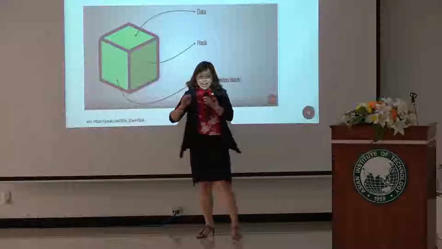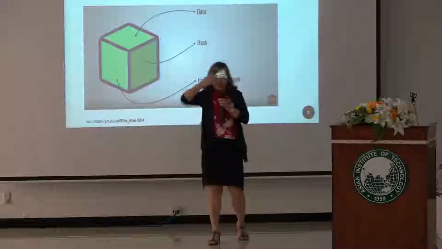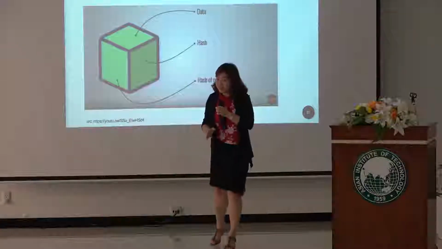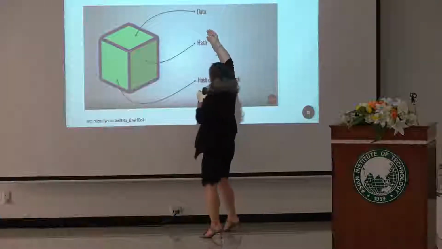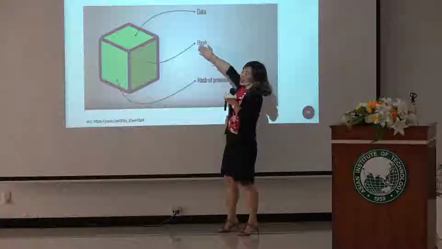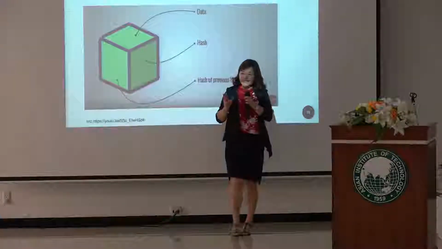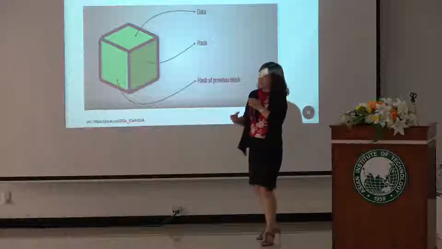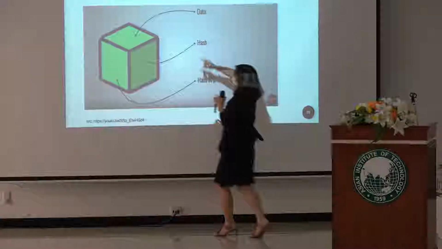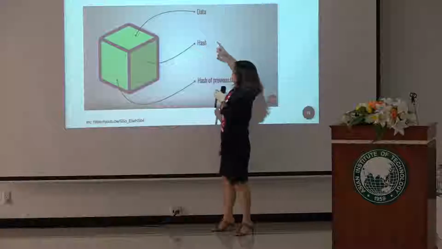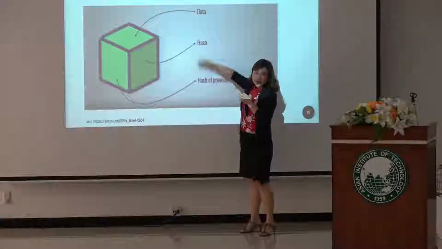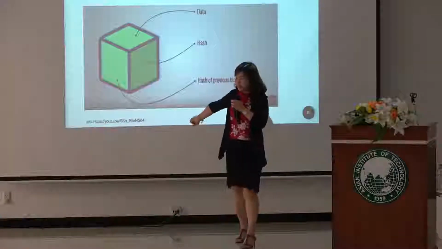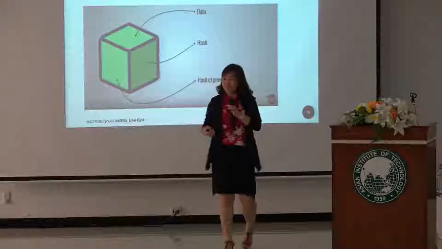Actually there are more, okay, but for simplicity, just to get an understanding of the basic concept, I refer to only these three important components of a block within a blockchain. So it contains, of course, the data. We will talk about these things, okay, don't worry. Hash and hash of previous block. So what are they, each of them?